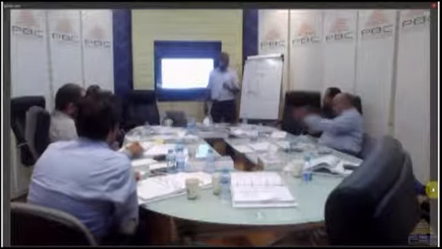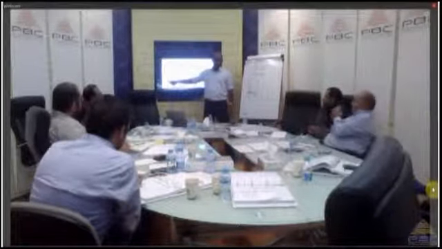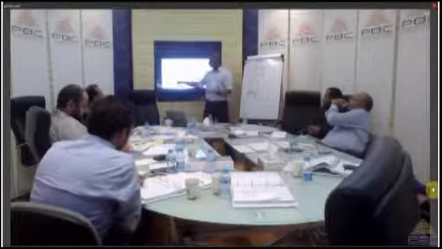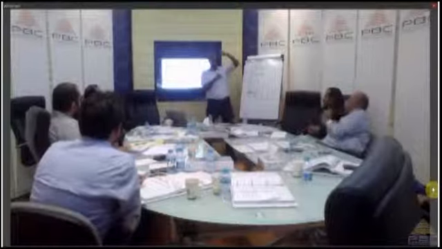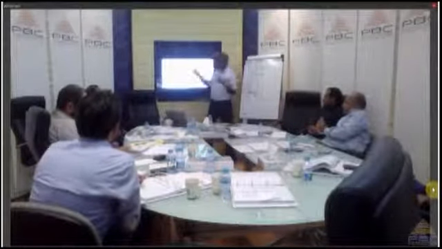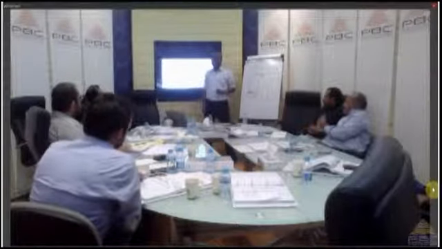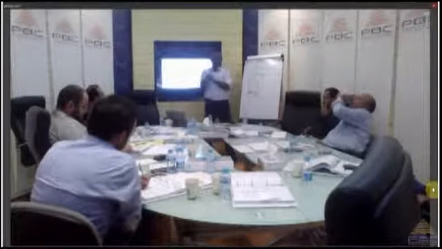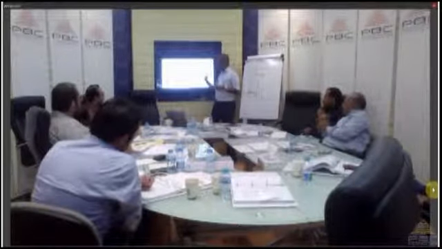In a strong matrix, power to the project manager. So if there's a clash between these 2 guys, the project manager always comes out on top. So the CEO always sides with the project manager. We call this a strong matrix. If it's the other way around, it's a weak matrix. Power to who?